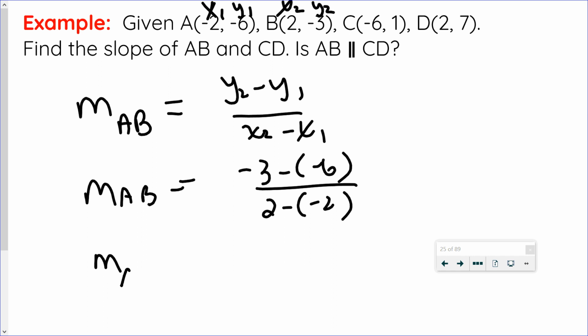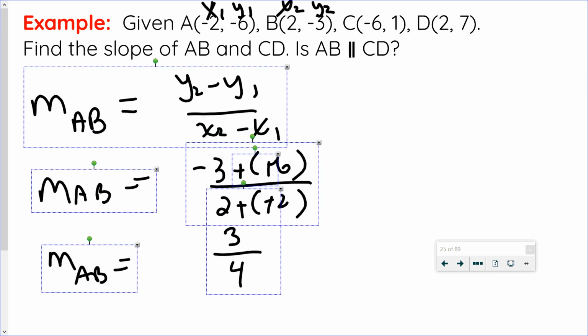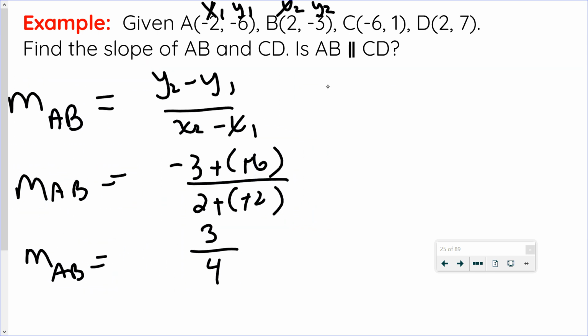So the slope of AB is going to be negative 3 take away negative 6, which is positive 3, over 2 plus 2, which is 4. So the slope of AB is 3/4. Now let's determine the slope of CD and see what happens. For the slope of CD, again, my formula is y2 minus y1 over x2 minus x1.